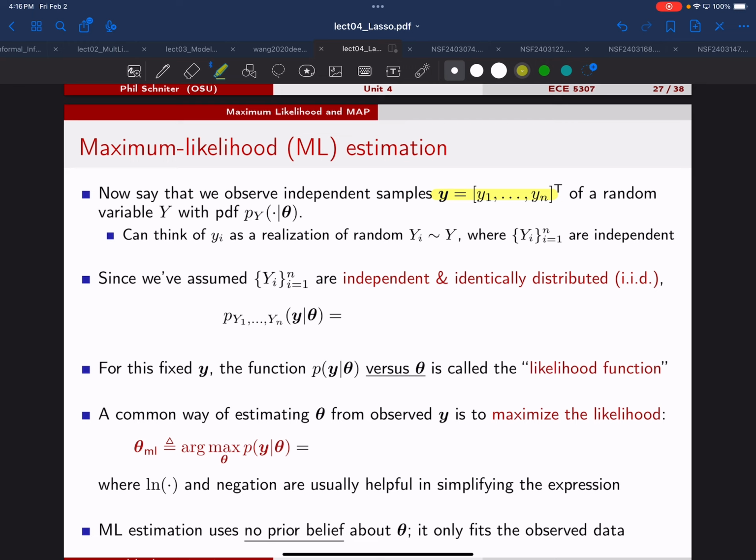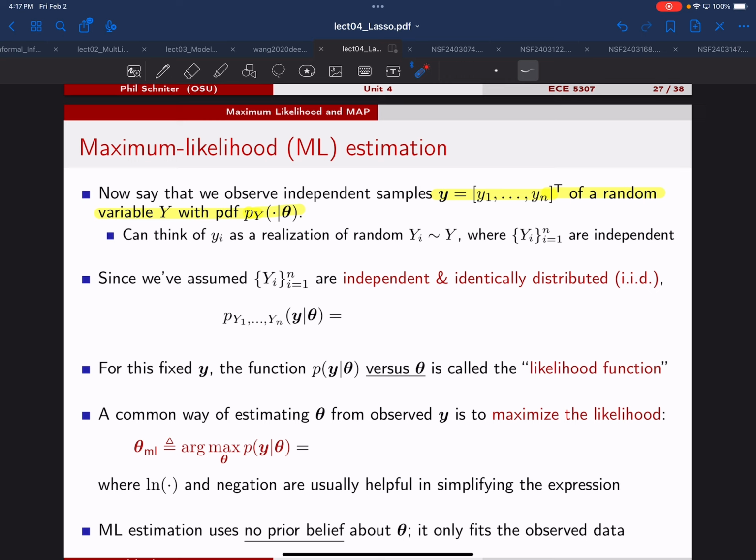And let's suppose that these are statistically independent samples from some random variable with a PDF P capital Y. And again, there are these unknown parameters theta. These are the things we want to figure out. Someone gives us all this data. From this data, we want to try to estimate perhaps the mean and/or the variance.